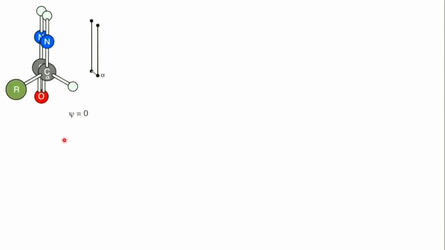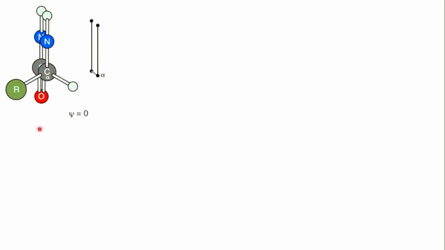Now we again see this kind of rotation in detail. So here we are having the psi angle 0. So this is the alpha carbon, this one, then the carbon behind it is the carbon of peptide bond. So they are making which angle? The psi angle, the angle between alpha carbon and the carbon of the peptide bond. So right now the value of psi is 0.